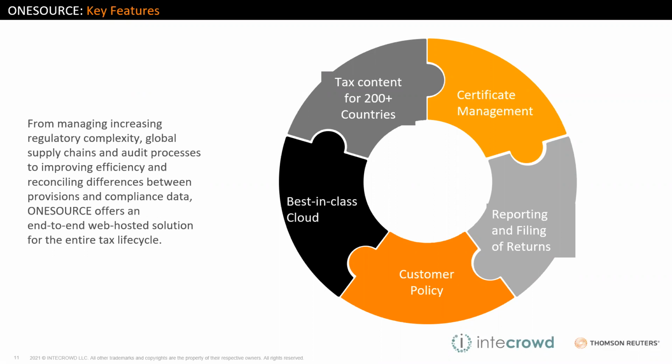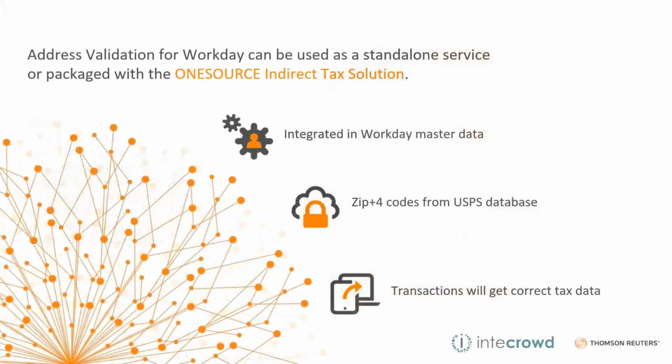And on the next slide, this is another feature that also comes with the integration with Workday. I wanted to highlight address validation because this can either be used as a standalone service or a package service with the ONESOURCE Indirect Tax solution. As you can see here, this service directly integrates with Workday master data.